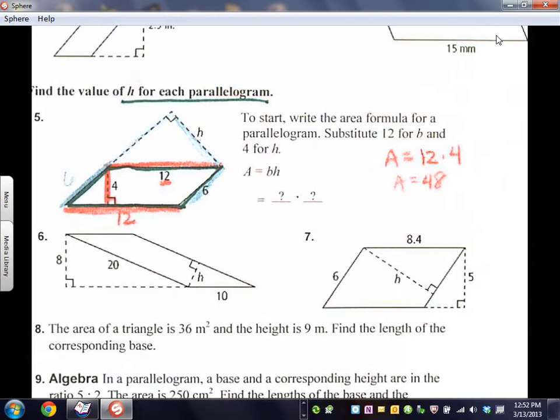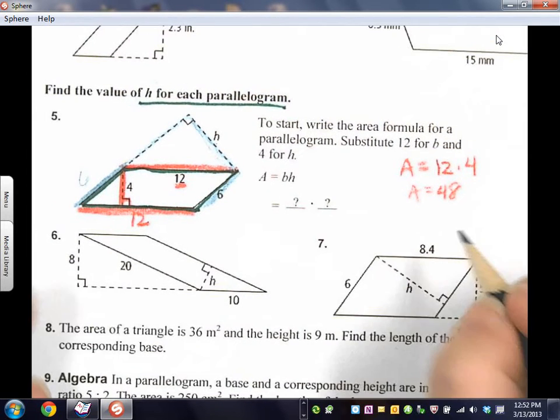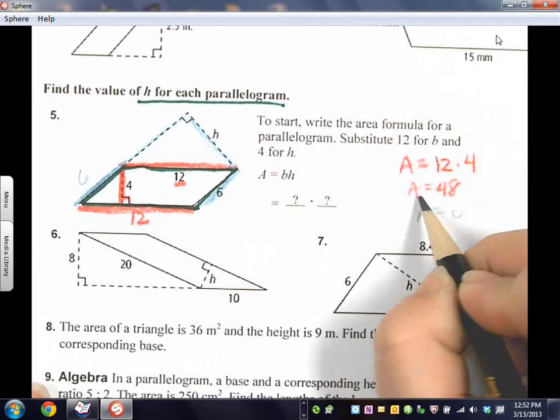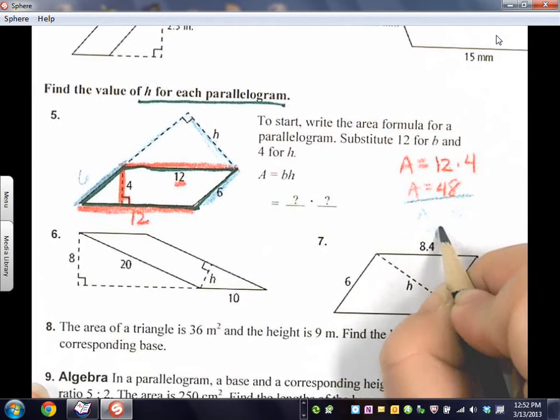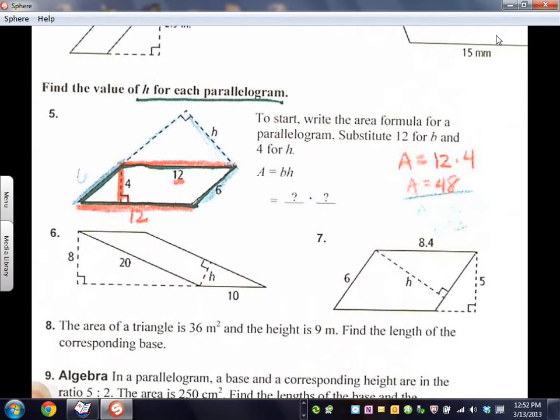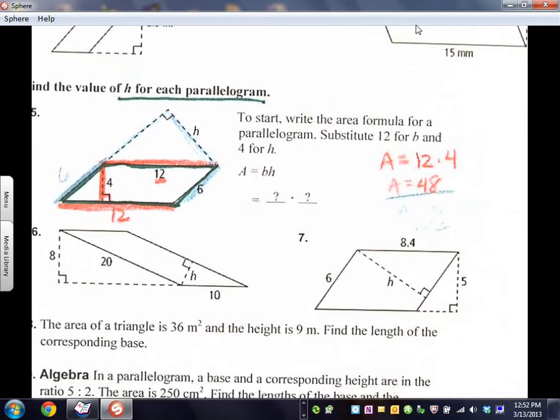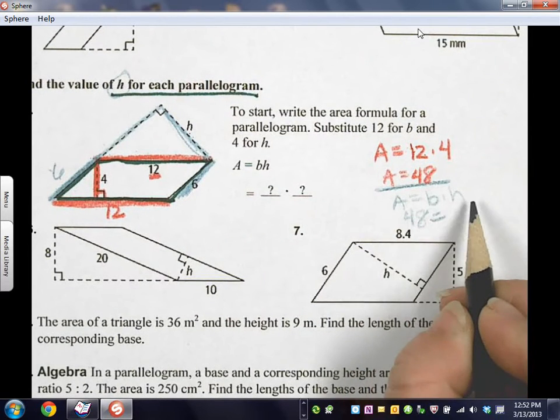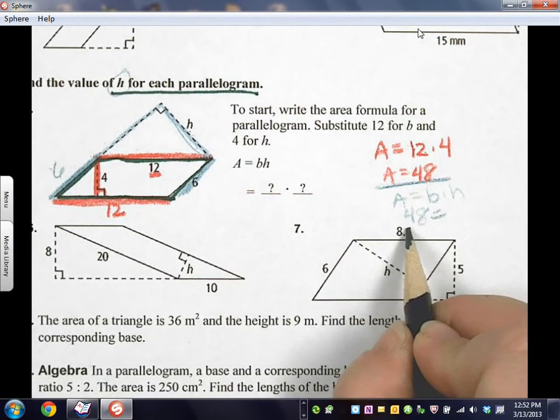to find this H. I know that the area equals base times height, and here's my area. We just found it. That's the area of that parallelogram. And that equals, now this is kind of hard to see. Let me see if we can't get that to show up a little better. There you go. The area equals base times height. My area is 48.